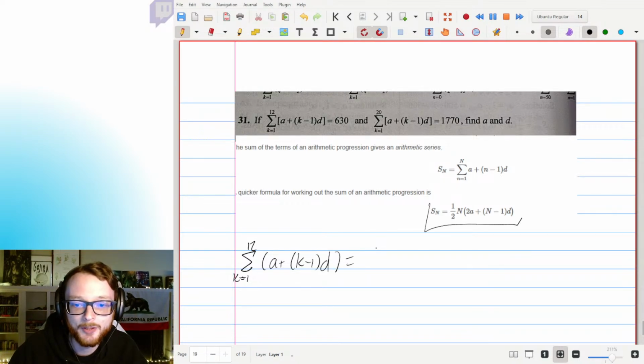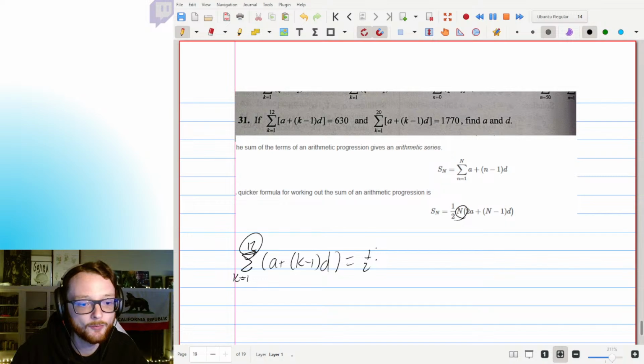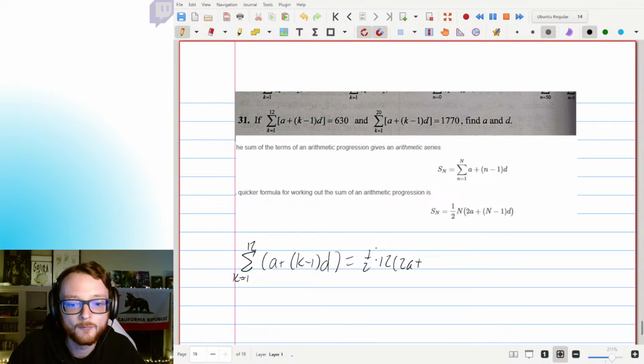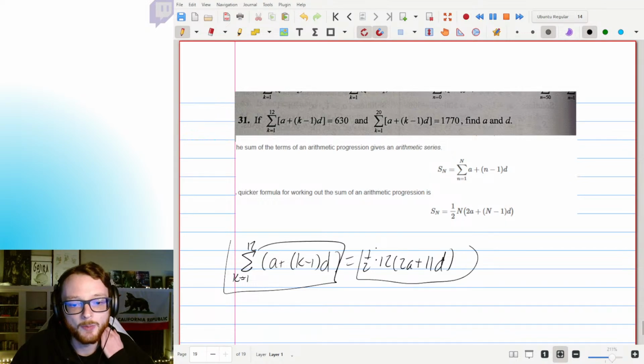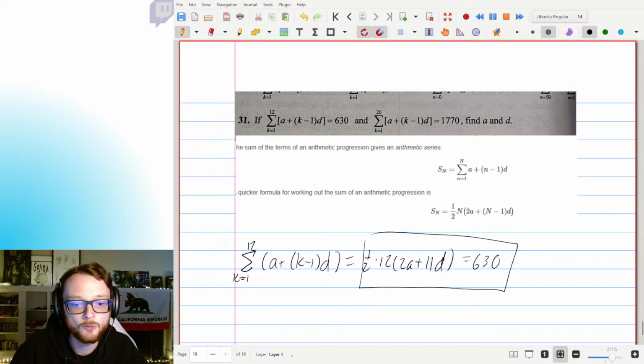According to this formula here, we can also write this as 1/2 times capital N, which is 12, times 2a plus 12 minus 1, which is 11, times d. So that's what this summation is equal to based on the formula. But we also know that's equal to 630. So this is an equation with two variables.